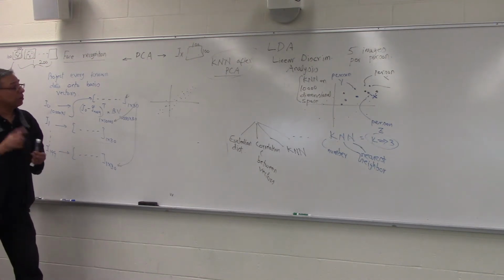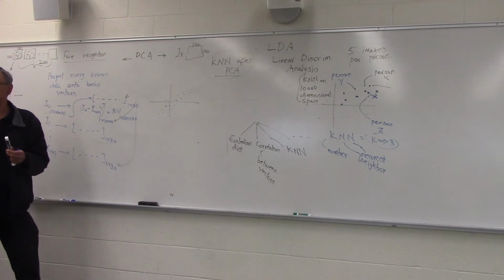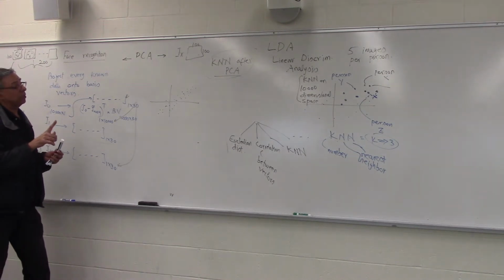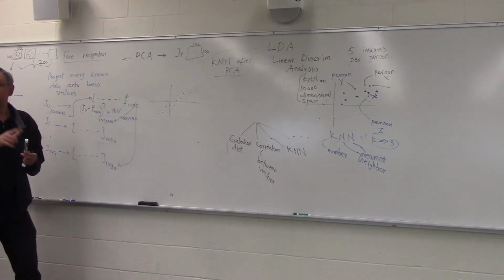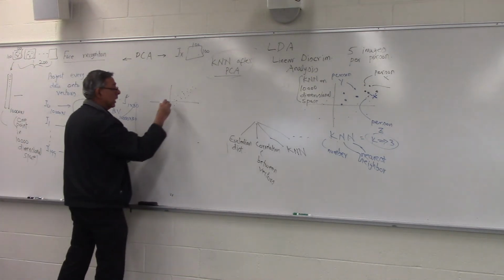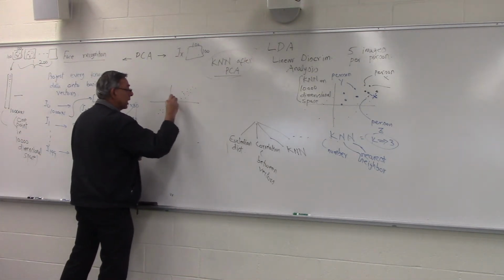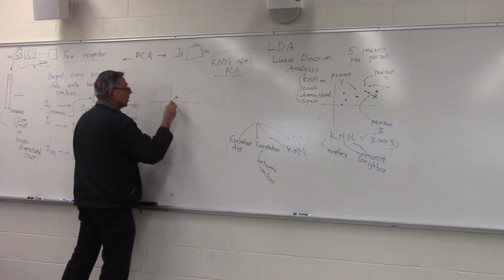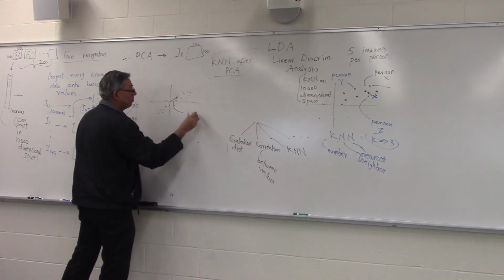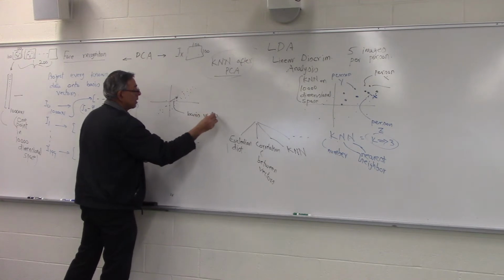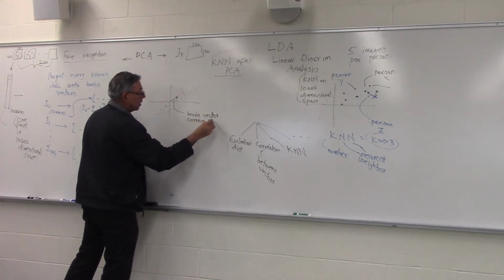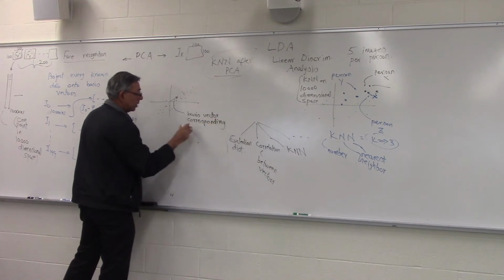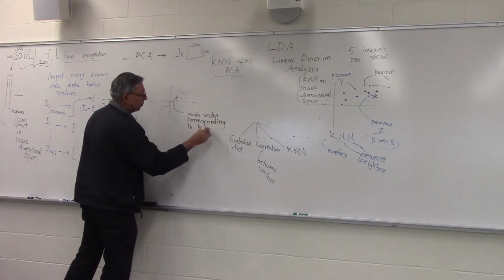If we now take a look at our basis vector corresponding to the highest eigenvalue, it will always be pointing in the direction of the data. So this is the basis vector corresponding to the highest eigenvalue.